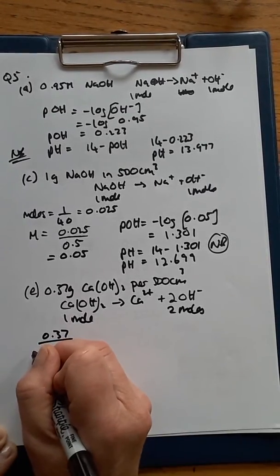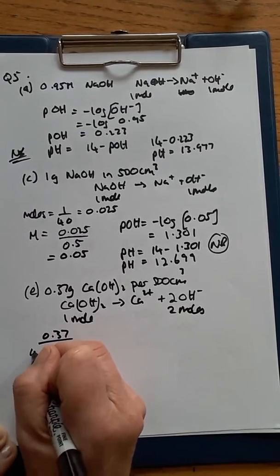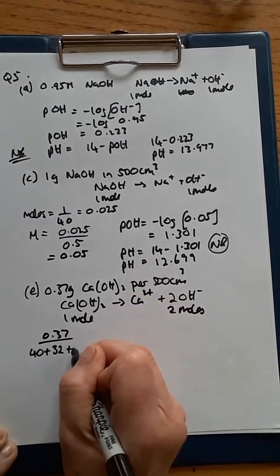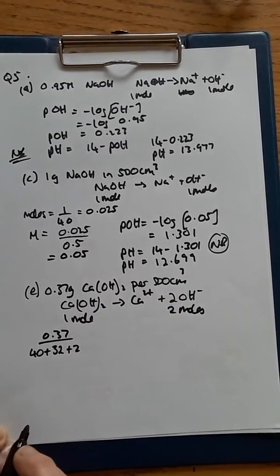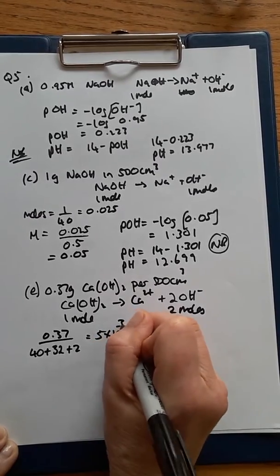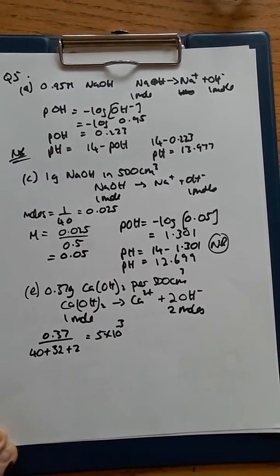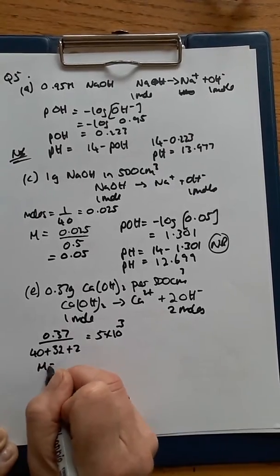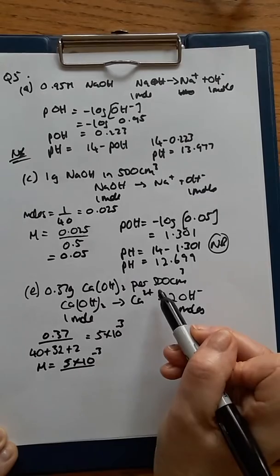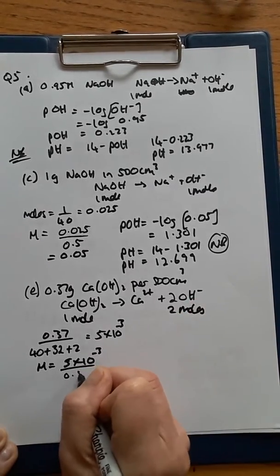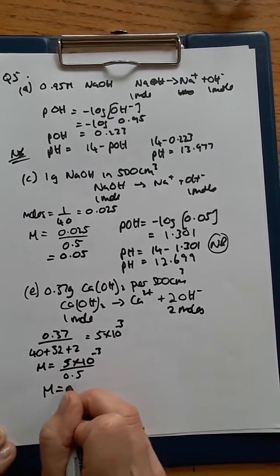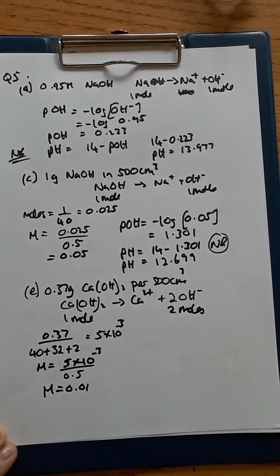Mass over relative molecular mass, which is 40 plus 2 16s is 32 plus 2 hydrogens. So when I work that out, I'm going to get 5 by 10 to the minus 3. I'm going to convert that now into molarity. So molarity is equal to moles divided by the volume. The volume is 500 centimetres cubed, so that's going to be 0.5, which means that molarity is equal to 0.01.